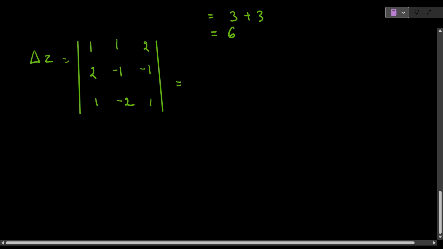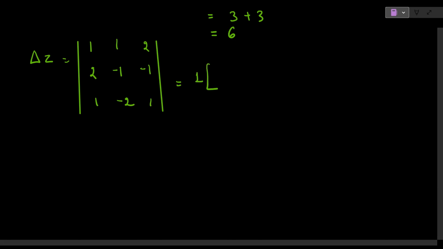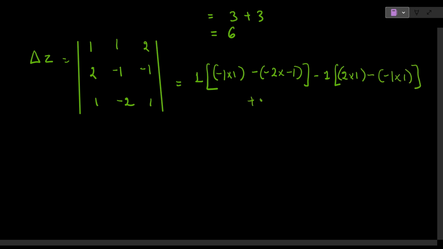Now let us solve this. First one is 1, students. Let us find the value. So minus 1 into 1 minus of minus 2 into minus 1. Okay. So next is negative sign. 1 into 2 into 1 minus 1 into 1. Okay, students. Next plus 2 into, very easy, minus 2 minus of minus 1 into 1. Did you understand, students?